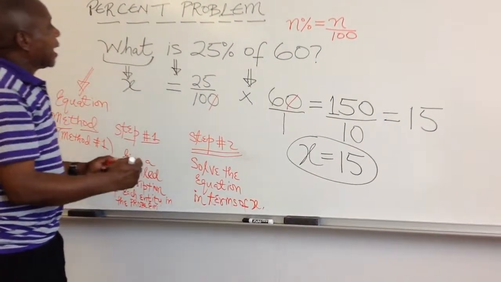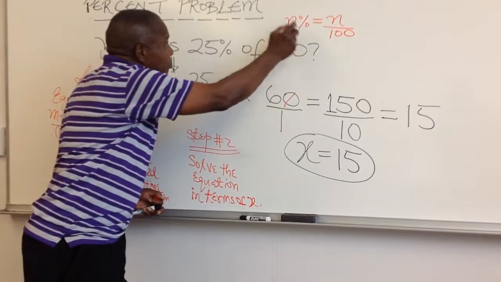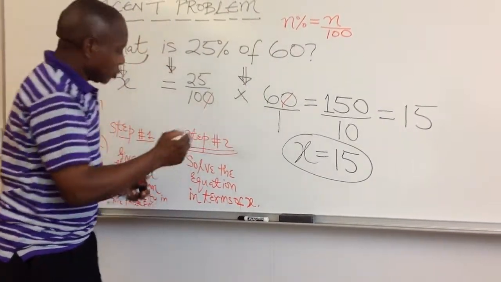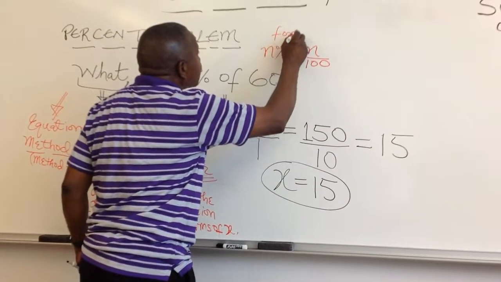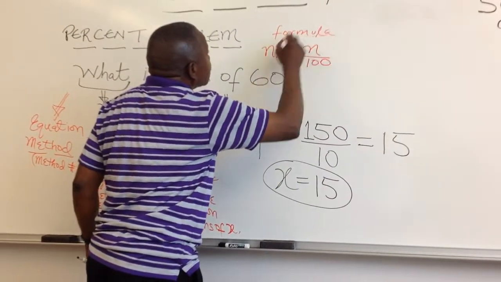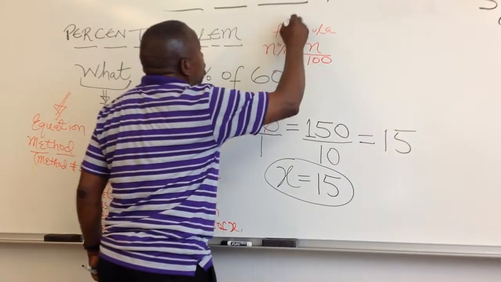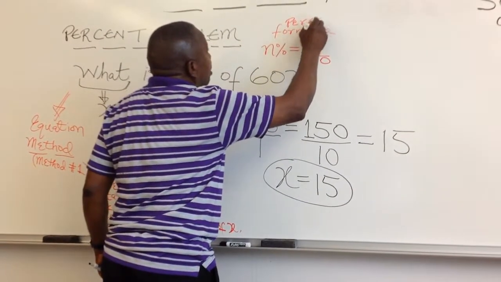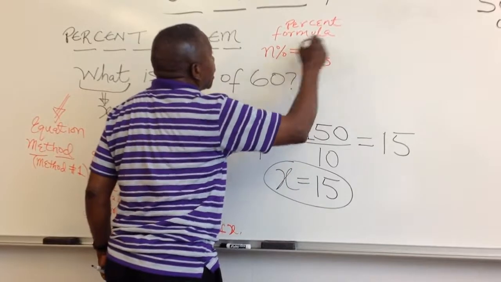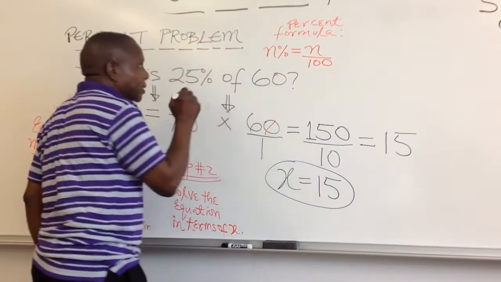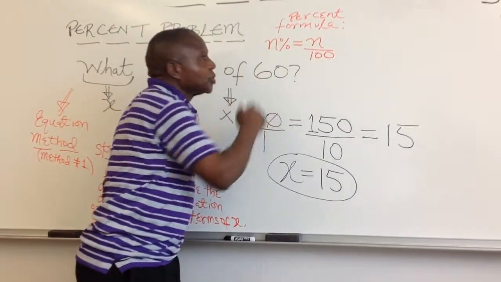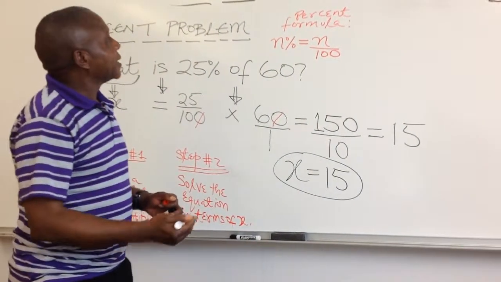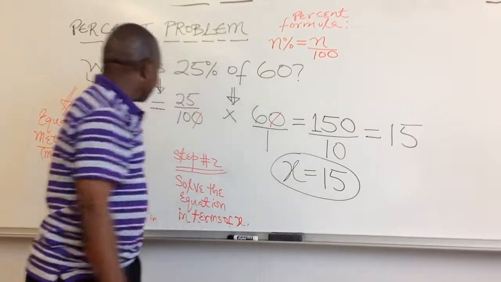25%, according to this important formula known as the percent formula, is stated as n% equals n over 100, where n is some positive integer.